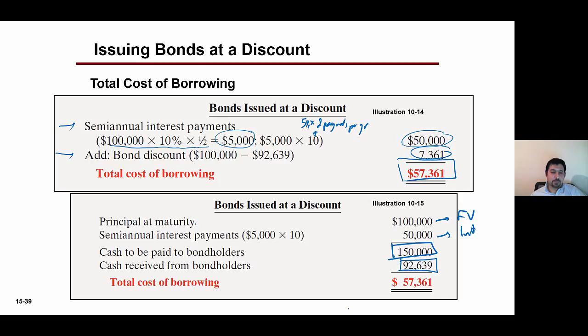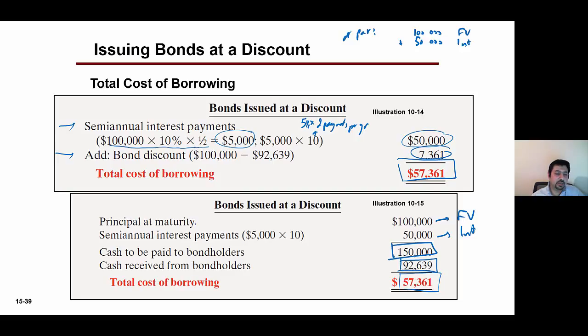As a result, the cost of borrowing money will be 57,361. If the company had borrowed money at par, remember, it could have sold those bonds at par. At that point, when it is at par, we don't have a discount. So when it is at par, the amount paid will be 100,000, the face value, plus 50,000, which is the interest.